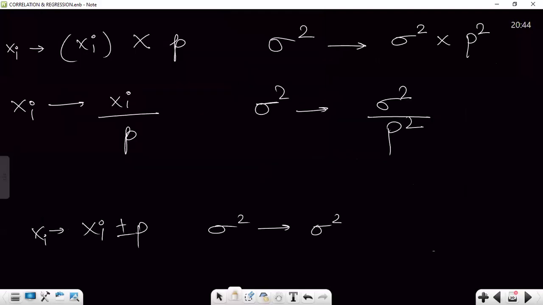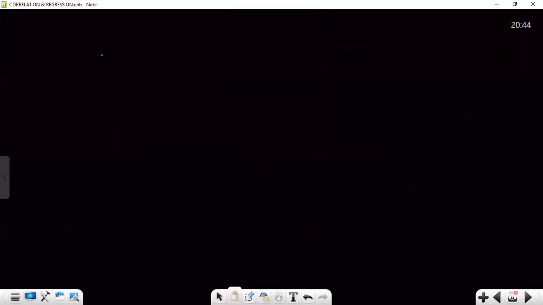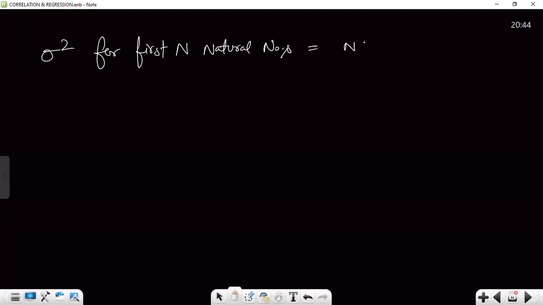Let's talk about the variance for the first n natural numbers. It is given by simply (n square minus 1) divided by 12.